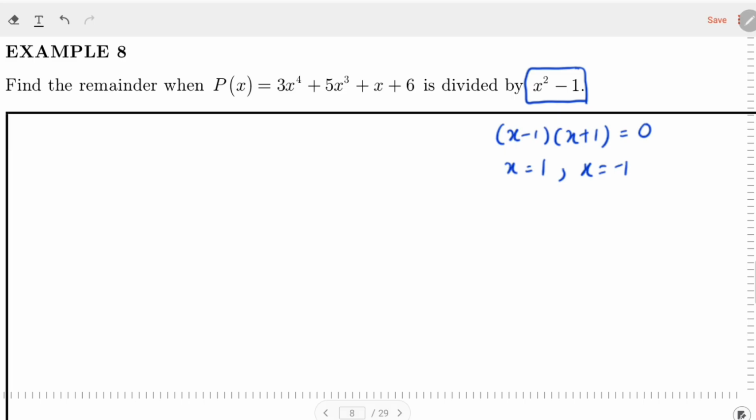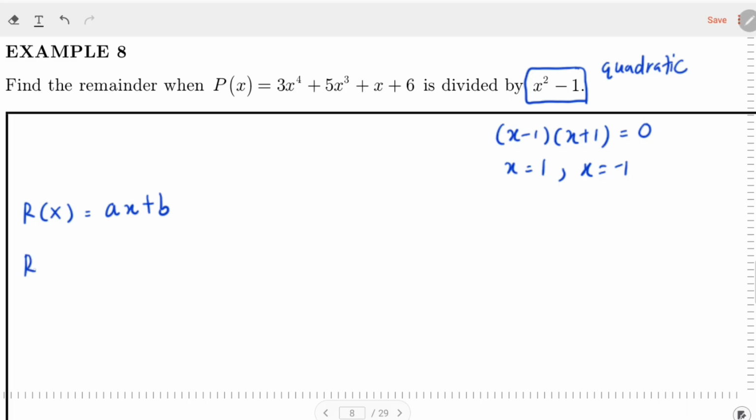And then we need to assume that our remainder must be a linear function, since our divisor is a quadratic expression. So the remainder must be linear, so I'm going to assume our remainder is equal to ax plus b.